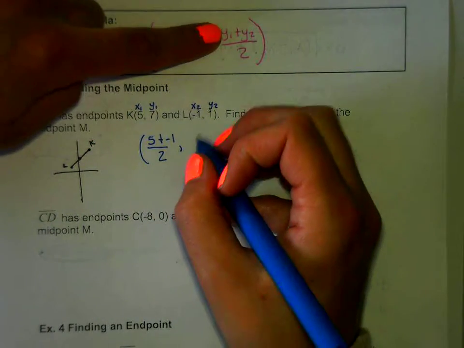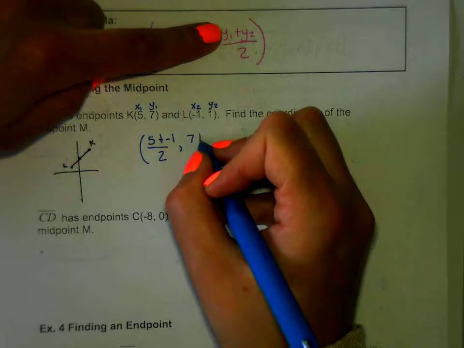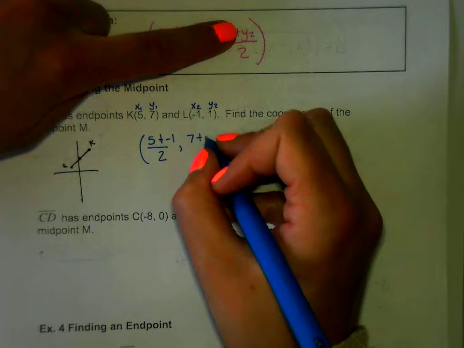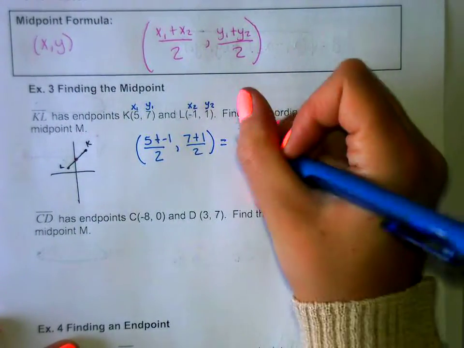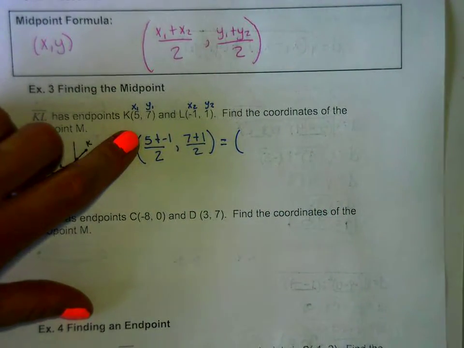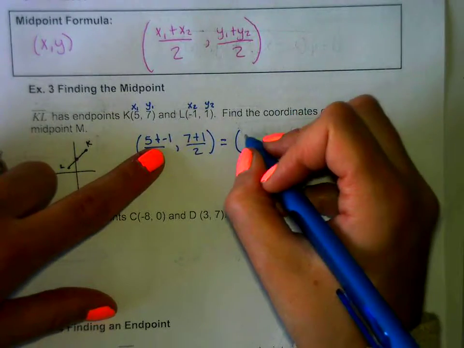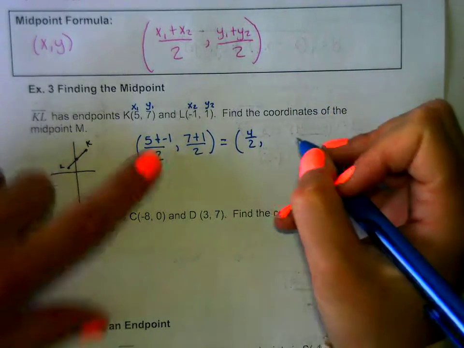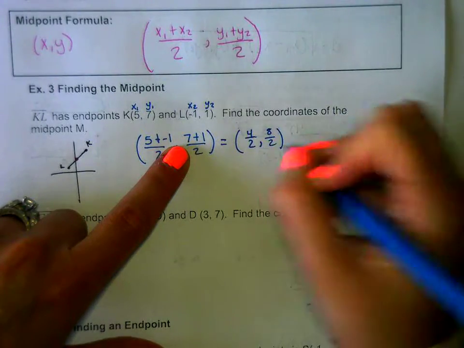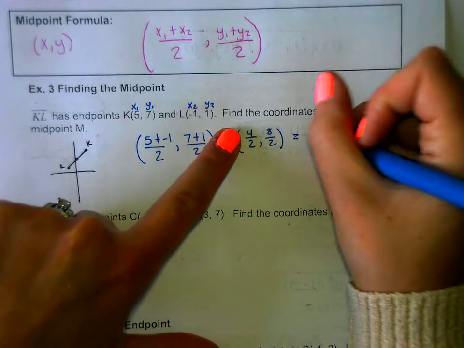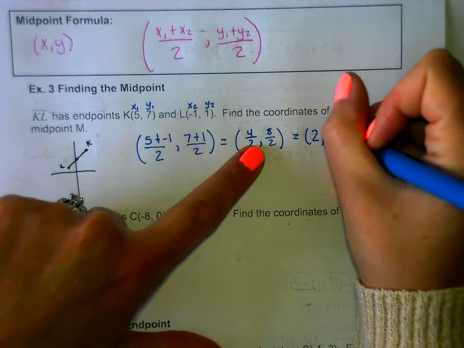Then I'm going to take my y1, which is 7, and add it to my y2, which is 1, and divide that by 2. When I go to solve this out, I'm going to start with my numerator. 5 plus -1 is 4, divided by 2. 7 plus 1 is 8, divided by 2. Then lastly, 4 divided by 2 is 2, and 8 divided by 2 is 4.